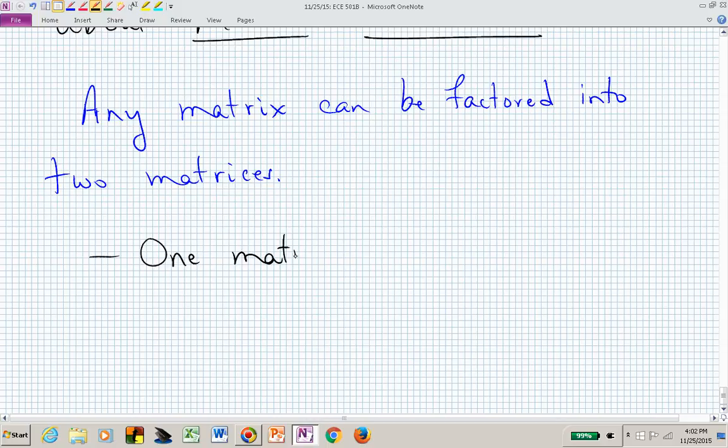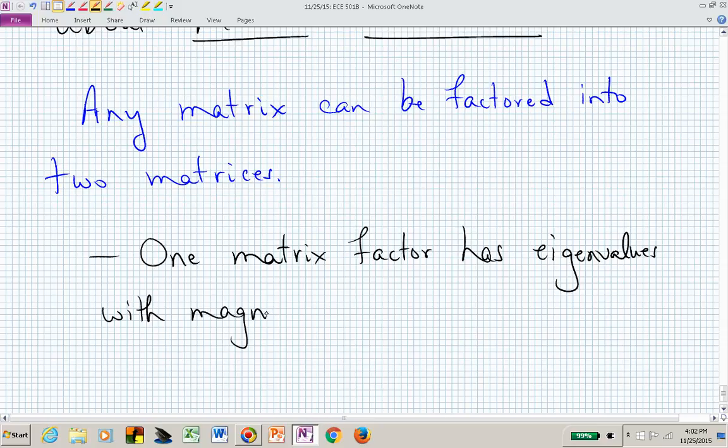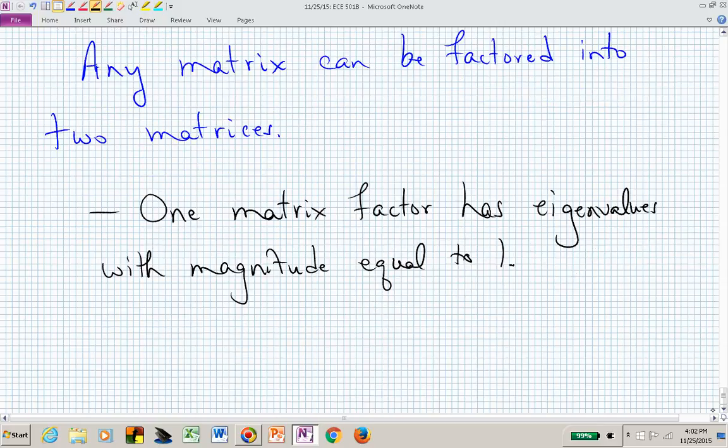Where one matrix factor has eigenvalues with magnitude equal to 1, that corresponds to the matrix representation of this isometry.